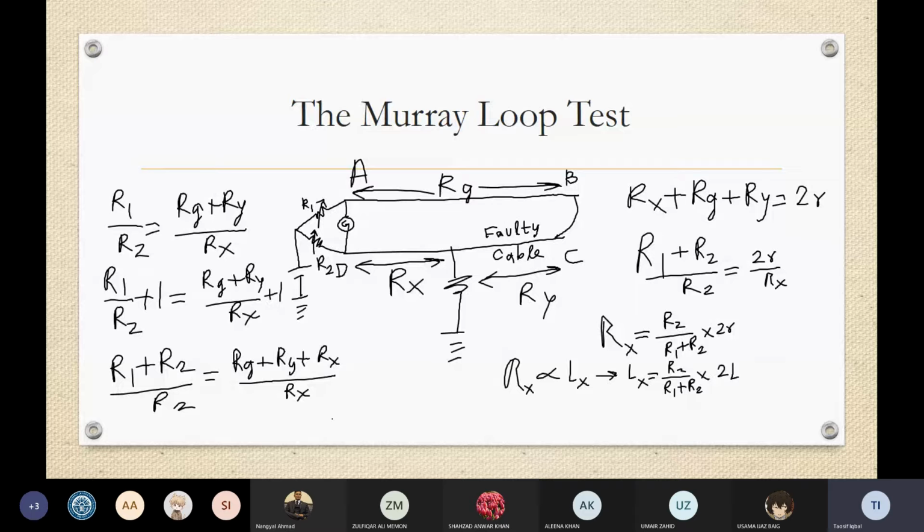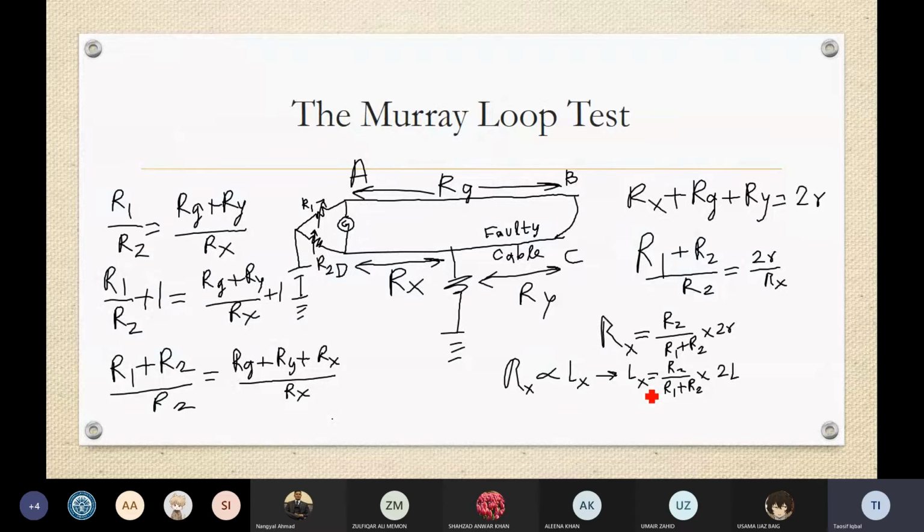And in this, we also have the same four resistances in the form of a bridge, and by varying the value of R1 and R2, by changing the ratio, we can get the exact ratio between the wire resistance and the location where the fault exists, and therefore, getting the value of the unknown resistance Rx, we can find out the unknown distance and the exact location where the fault has occurred.